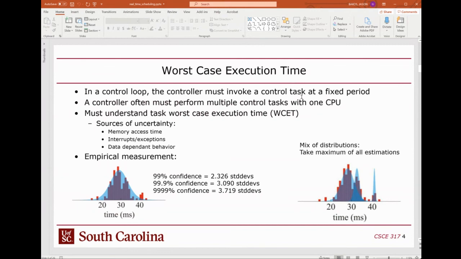So the point of all this is that it's very difficult to know how long it takes to run a task. In fact, it's virtually impossible, and that's one of the problems with real-time operating systems and real-time systems. So generally, what you're trying to figure out is the worst-case execution time. So when we talk about execution time in this lecture, I'll be talking about worst-case execution time.